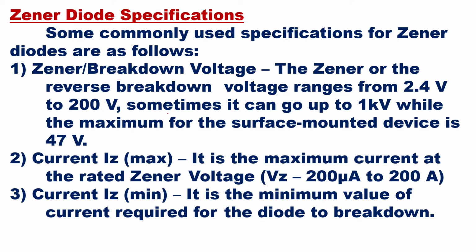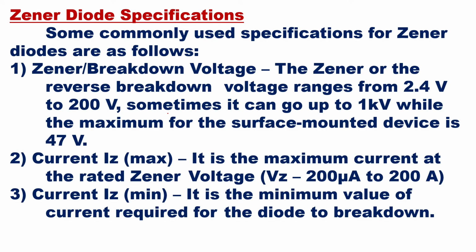Then we'll see some specifications of the Zener diode. Some commonly used specifications for Zener diodes are as follows. Number one, Zener or breakdown voltage. The Zener or reverse breakdown voltage ranges from 2.4 volt to 200 volts. Sometimes it can go up to 1 kilovolt, while the maximum for a surface mounted device is 47 volt. The breakdown voltage we use in the lab for Zener can be either 6 volt or 12 volt.